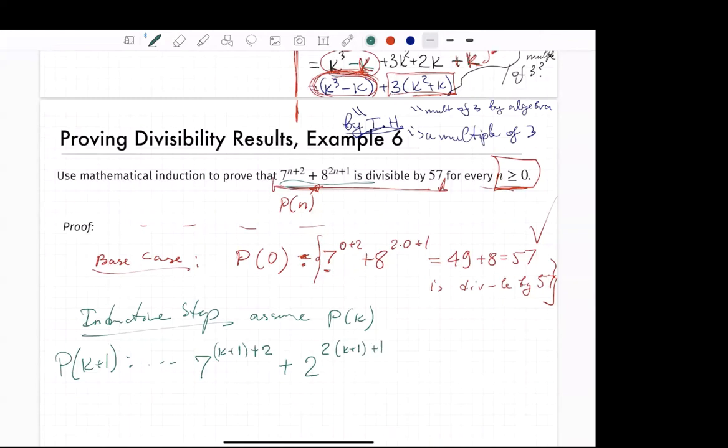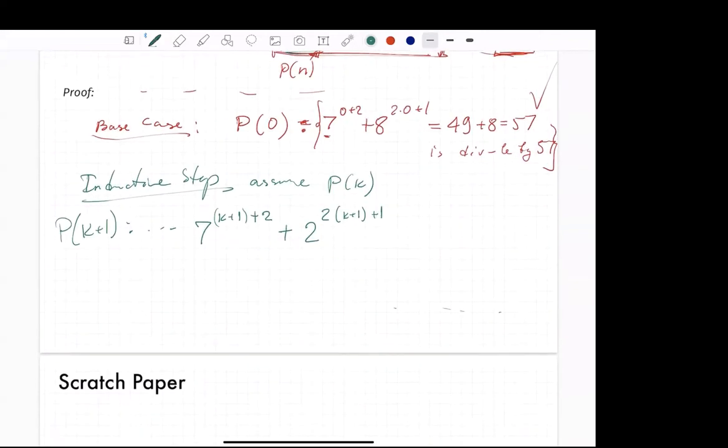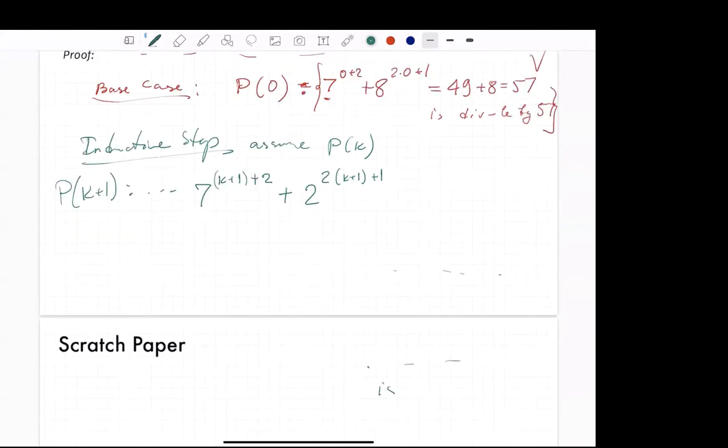I must show at the end that this is divisible by 57. That's what I want to conclude at the end of the day.